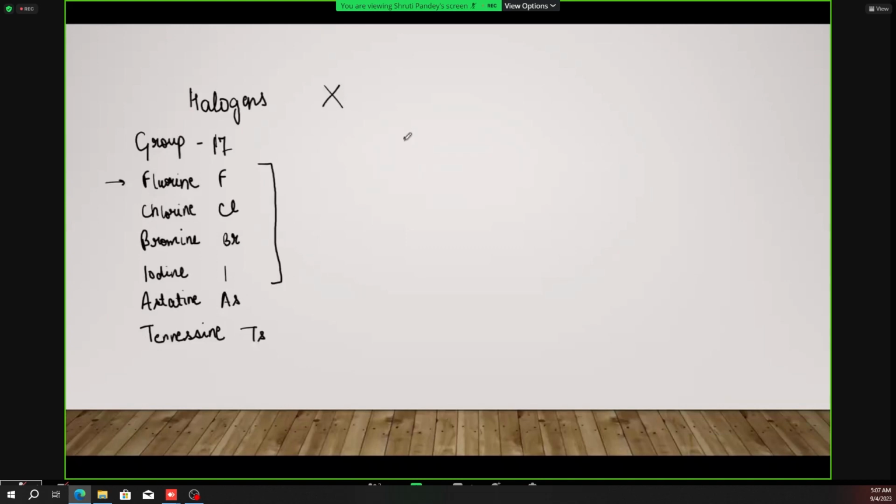When we replace H, we get the haloalkanes. These haloalkanes are also called alkyl halides.